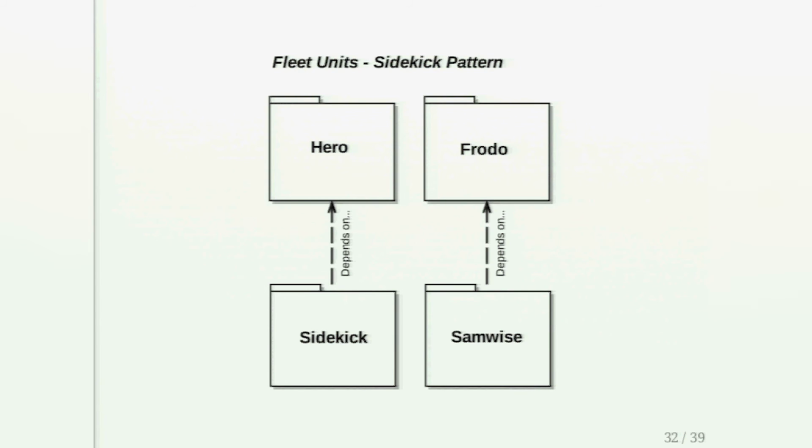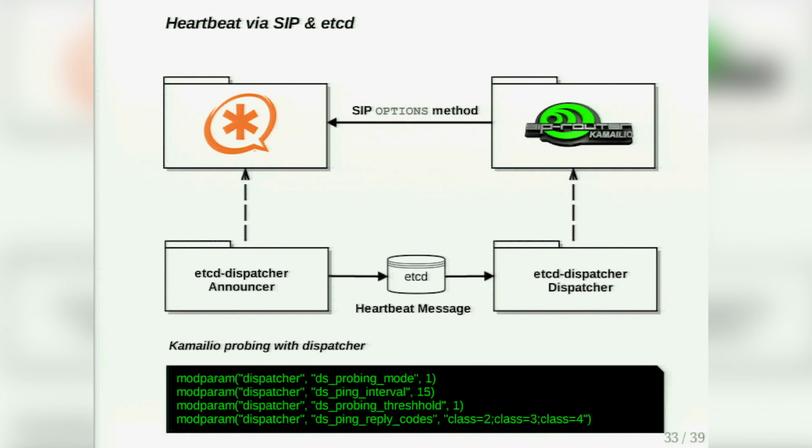And in our case, our heroes are Cometelio and Asterisk. So the etcd dispatcher sits in both modes as a sidekick that depends on that hero process. If one of those hero processes dies, then the sidekick dies alongside it.